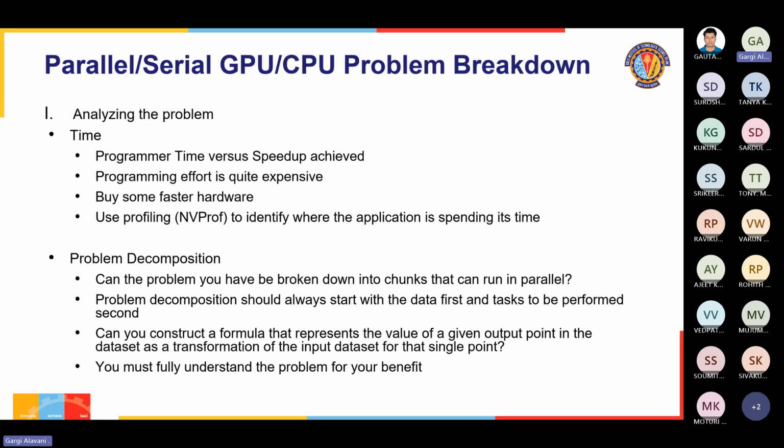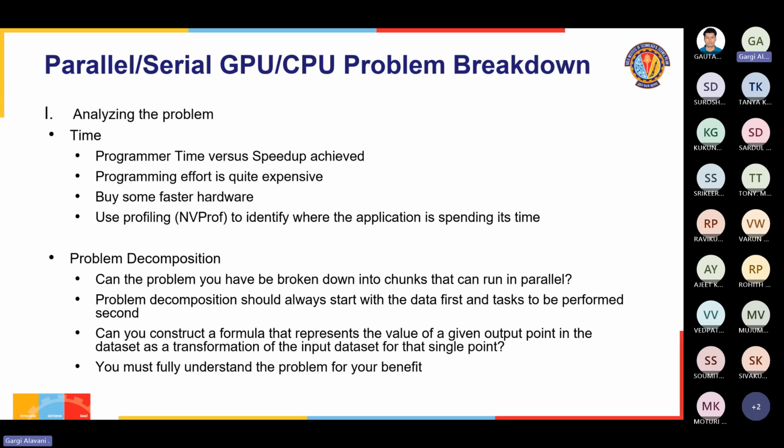You cannot say, okay, quicksort or merge sort have the best time complexity, so I should use quicksort or merge sort. But is quicksort parallelizable? May not be.